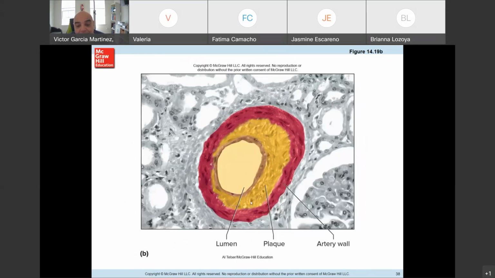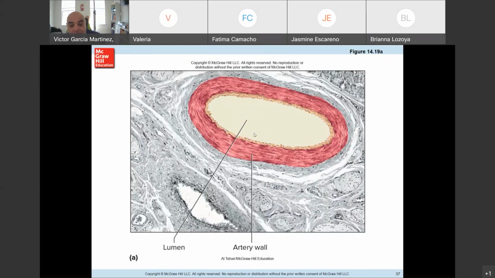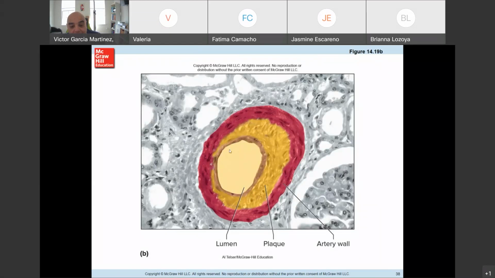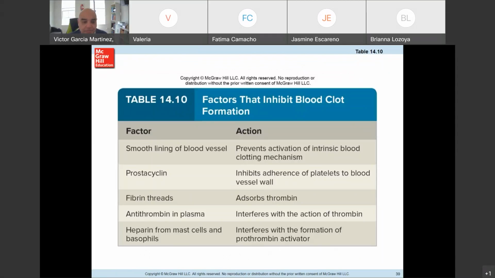It's made of fat. And then we're reducing our lumen. This is wider, and this is narrower. Why? Because we have fat. Then this internal damage is able to wake the coagulation system up. It's able to stimulate our coagulation. Then we can have, again, external damage or internal damage.